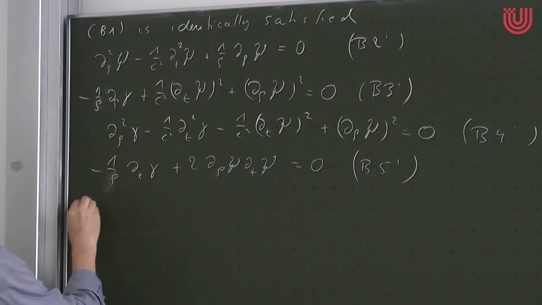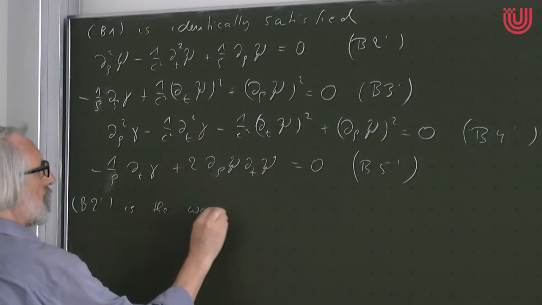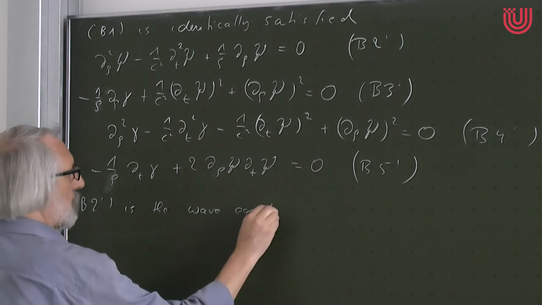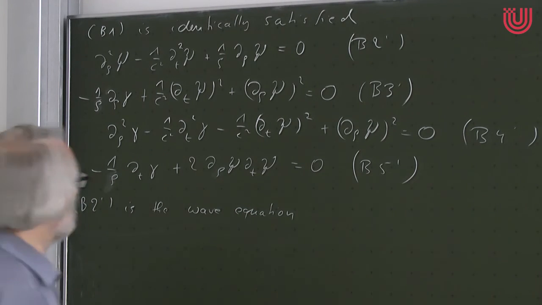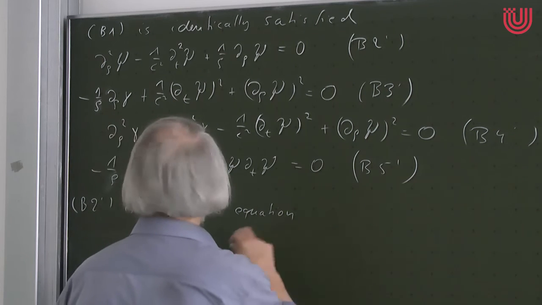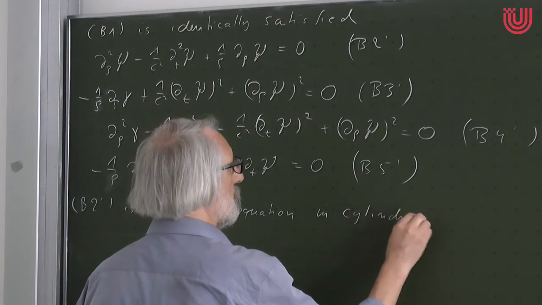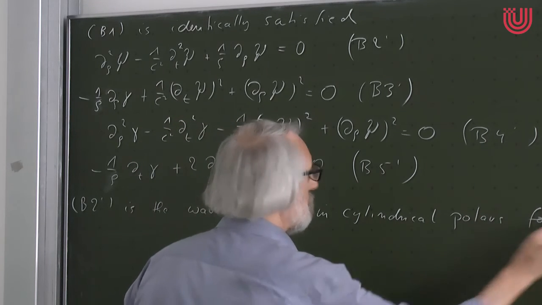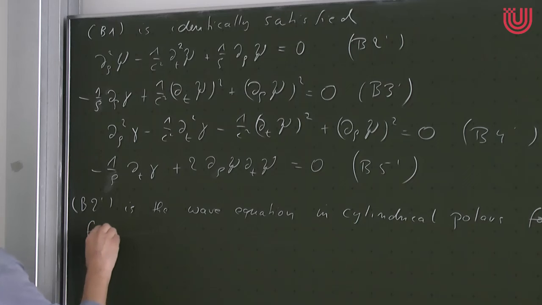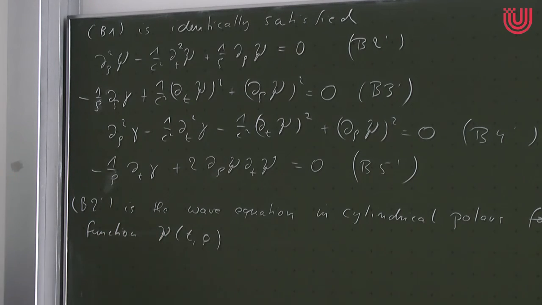So the solution is well known. So B2 prime is the ordinary wave equation, the D'Alembert operator on flat space-time, as a wave equation in cylindrical polars for a function psi which depends only on t and on rho.